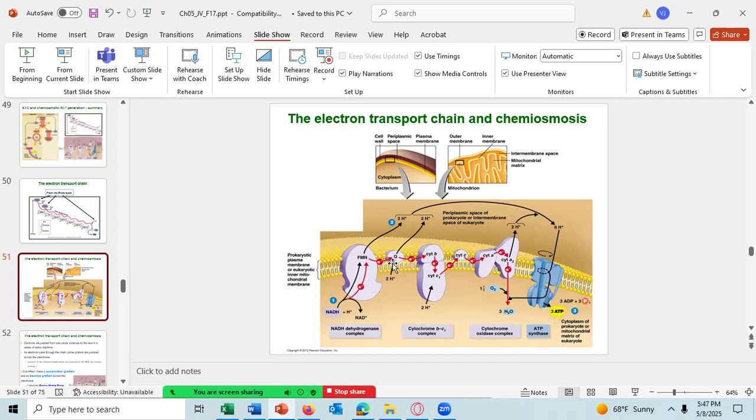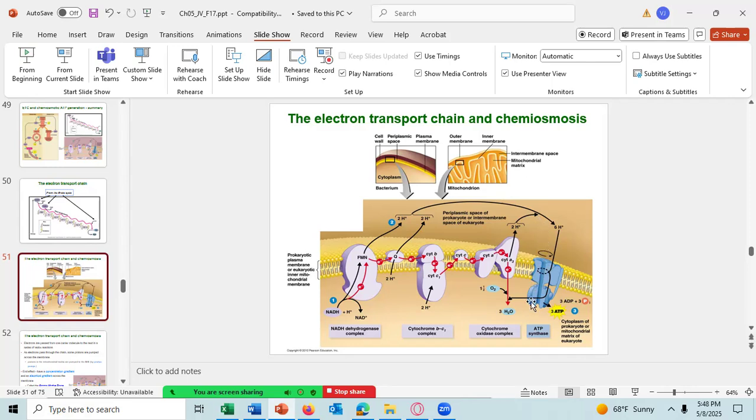But hydrogen cannot get through the cell membrane, cannot flow through the lipid bilayer, except at this channel protein, which is an ATP synthase enzyme. And when hydrogen flows from this side of the membrane to that side of the membrane, each hydrogen ion coming across this channel protein can make 1 molecule of ATP.